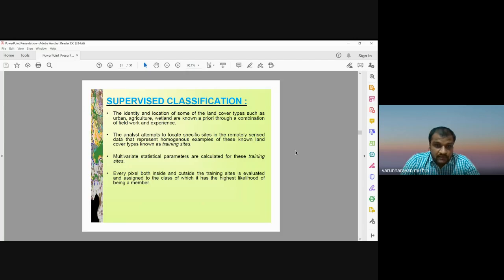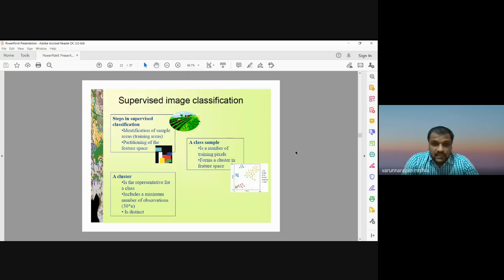Multivariate statistical analysis is used for calculating the training site statistics, and each and every pixel in the image, both inside and outside the training site, is evaluated and assigned to the class of which it has the highest likelihood of being a member. So this is the way in which we can do supervised classification.